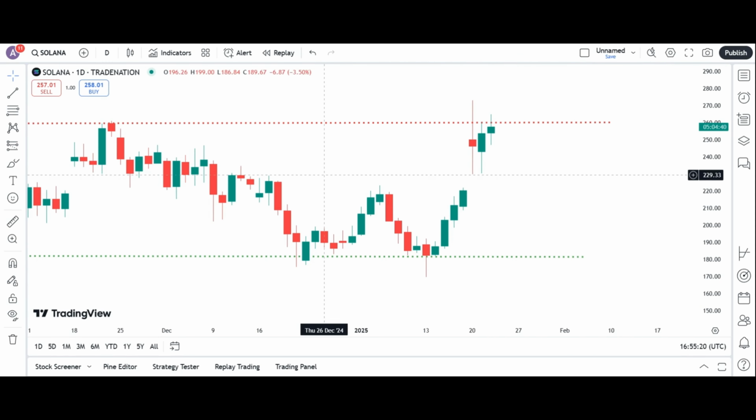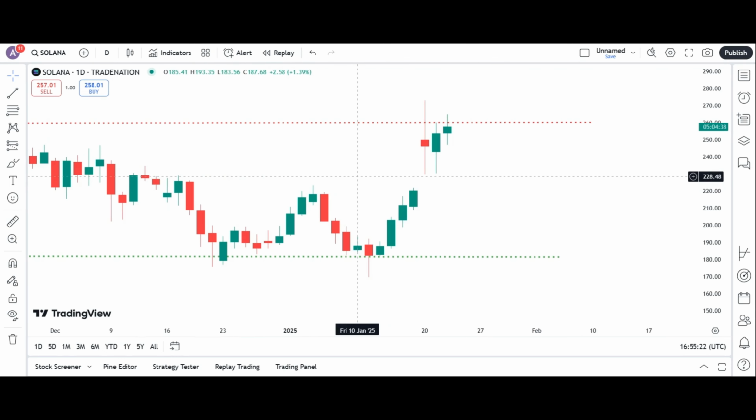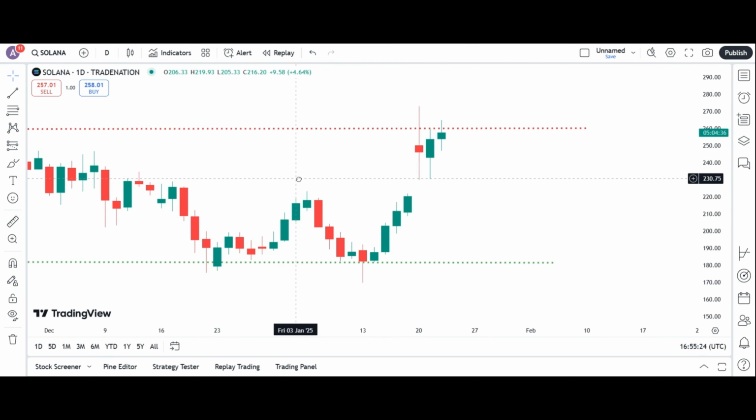And as I mentioned earlier, if we want to predict this scenario, we can see that, for example, there is a big doji candle here that shows the uncertainty in the market, and traders cannot decide whether it is time for buying or selling.